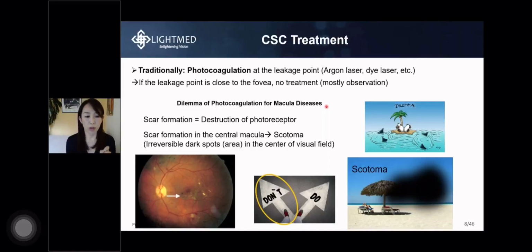It means destruction of photoreceptors. So this means we see an irreversible dark spot in the center of the visual field. This we absolutely have to avoid. Therefore, we didn't do the treatment in those cases and just observed.